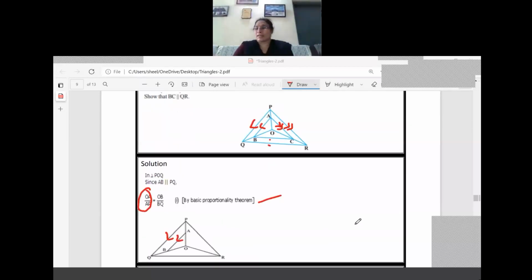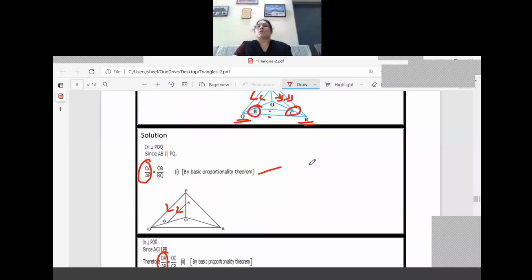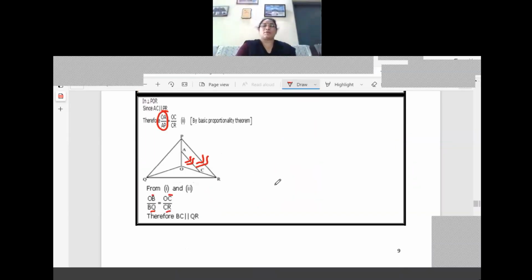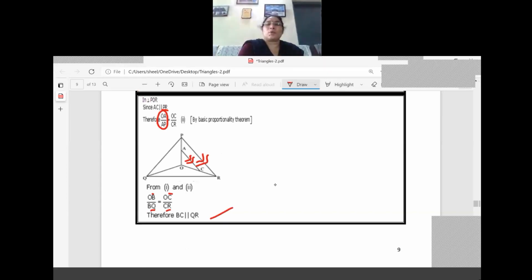So B and C are the division points, and below, the points we are getting are Q and R only. So now what is the answer we are getting? BC parallel to QR. BC parallel to QR only. So what is the required proof? BC parallel to QR. So hence proved, we can write.